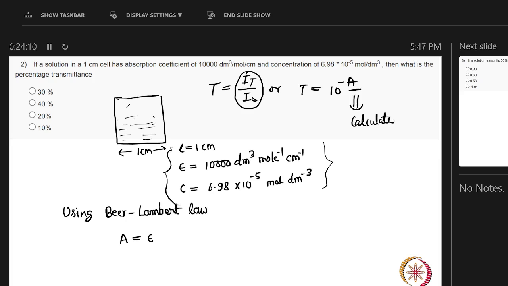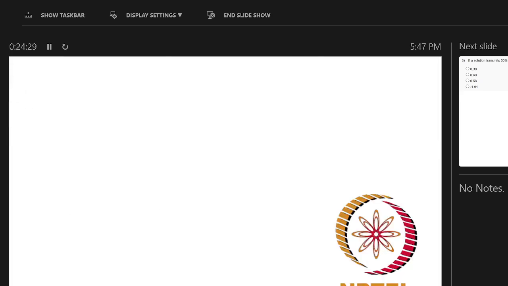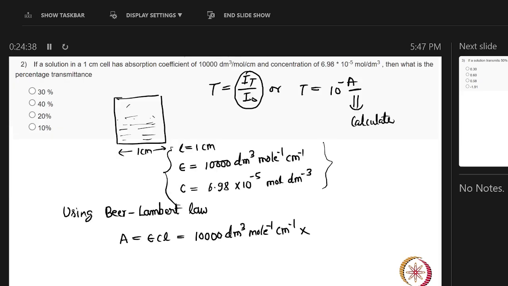A equals epsilon C L. So that is decimeter cube per mole per centimeter, multiplied by 1 centimeter, multiplied by 6.98 into 10 to the power minus 5 mole per decimeter cube.